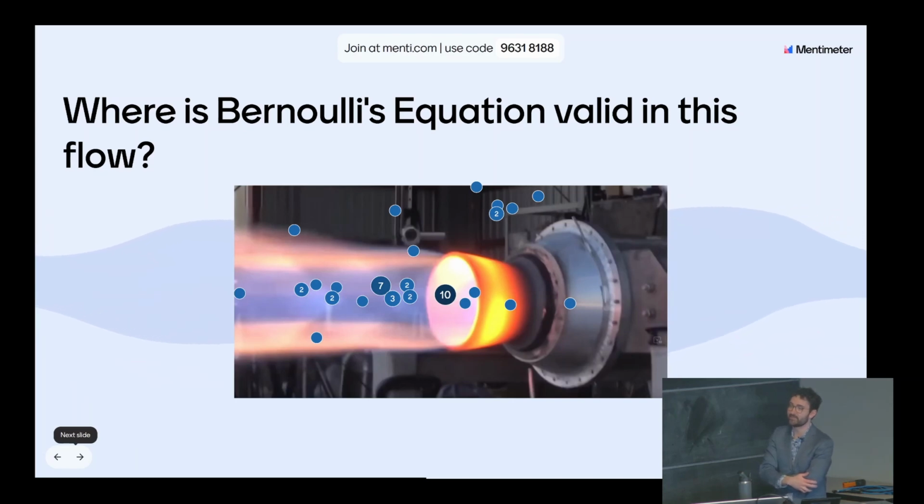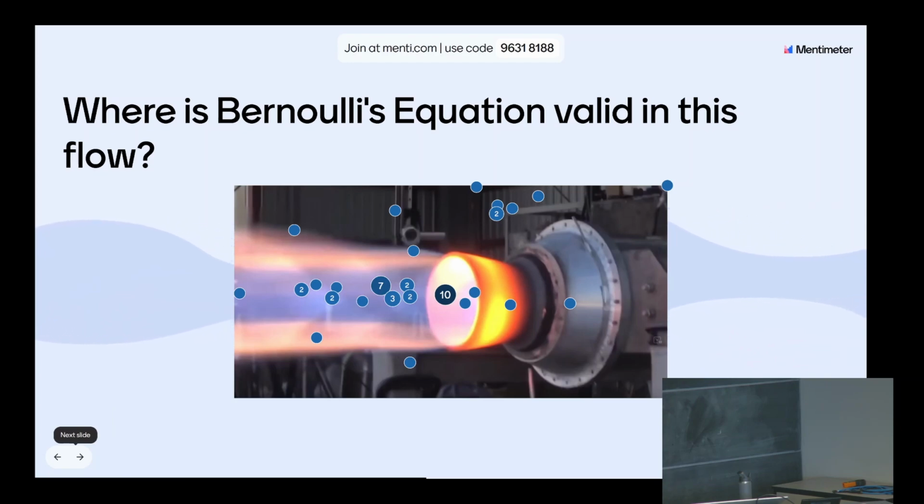That's because there's a lot of heat transfer going on in this part of the flow. It's also probably extremely fast, so it can't be assumed to be incompressible anymore. Look at the huge amount of energy here. That's not just energy between pressure and velocity. That's energy coming from heat sources and combustion and things like that. So Bernoulli's equation wouldn't be valid in there.